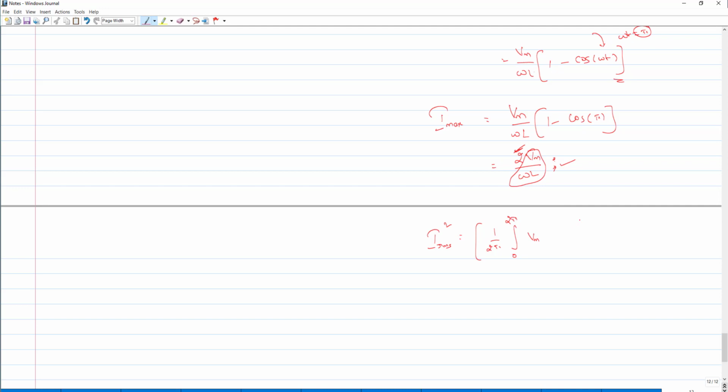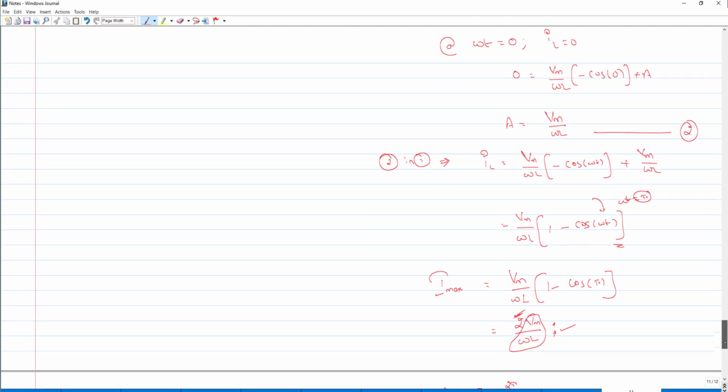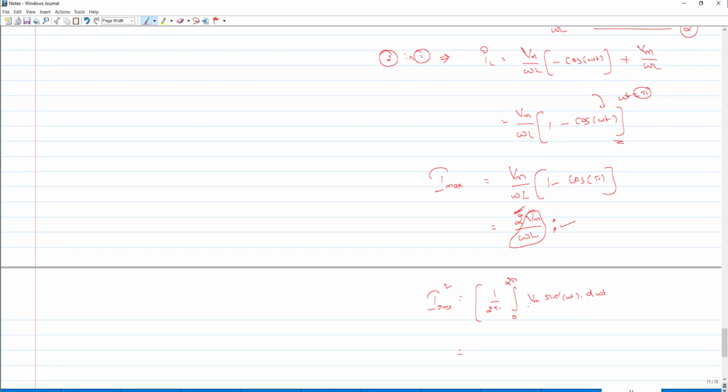We can take either cos or sine, that depends on us. But this current is Vm by omega L, so we have to take the current waveform, which is Vm by omega L, whole square.